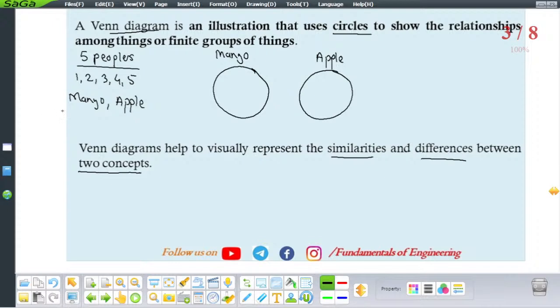If persons 1, 2 and 3 like only mango, and persons 4 and 5 like only apple, then we can represent this in the Venn diagram such that the circle representing mango contains the numbers of those who like mango, and the circle representing apple contains persons 4 and 5, who like only apple.